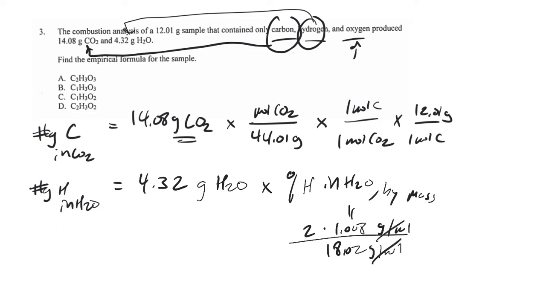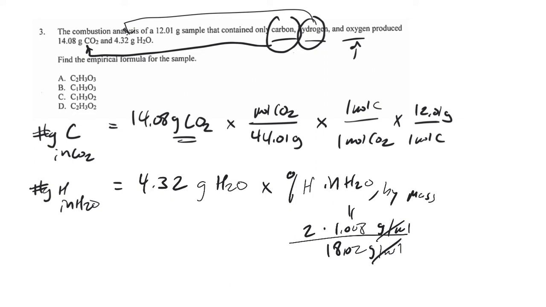So the percent hydrogen in water is just 2 times 1.008 divided by 18.02. I didn't multiply by 100, but as a fraction it's 0.1118, so it's 11.18% hydrogen by mass. I'm just multiplying that fraction by 4.32.